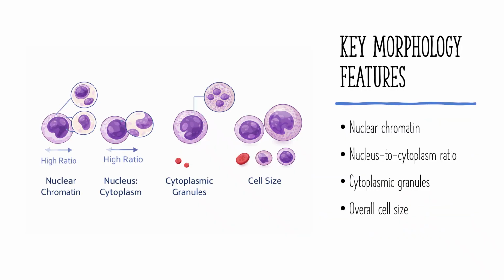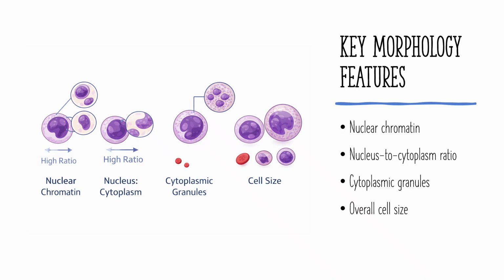And this slide summarizes the four visual anchors you will rely on repeatedly throughout hematology. When students feel overwhelmed identifying cells, it's usually because they're trying to analyze everything at once. Instead, reduce every cell evaluation to four questions. Number 1, nuclear chromatin. Is it open and delicate or dense and clumped?